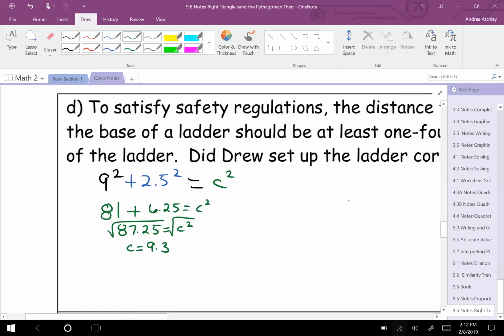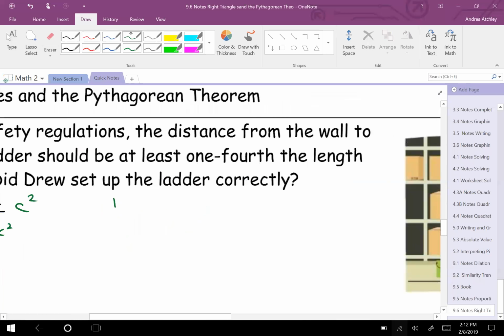It didn't ask me for the length of the ladder, though. It said, did it meet safety requirements? So the question is, is the distance from the wall at least 1/4 the length of the ladder, which was 9.3?